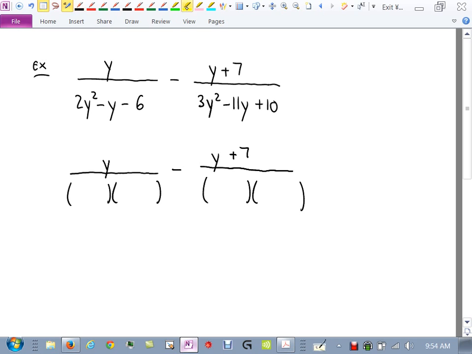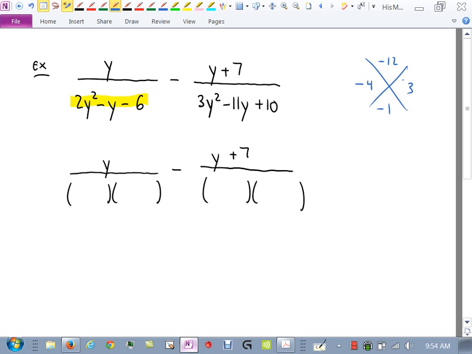So let me try that first one over here. If I did my little X-C thing over here, I'd get negative 12 and 1, which gives me 4, negative 3. Oh, negative 1, sorry, other way around. Negative 4 and positive 3. Agreed?